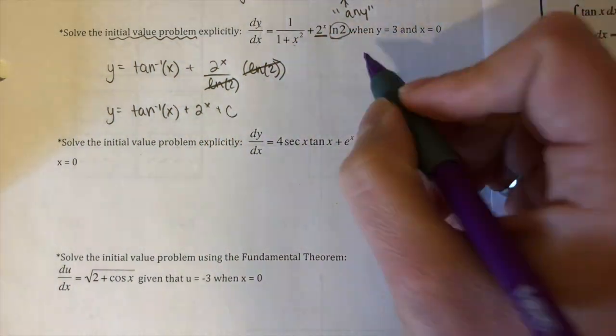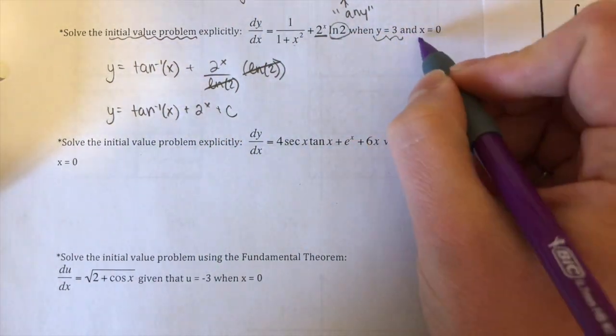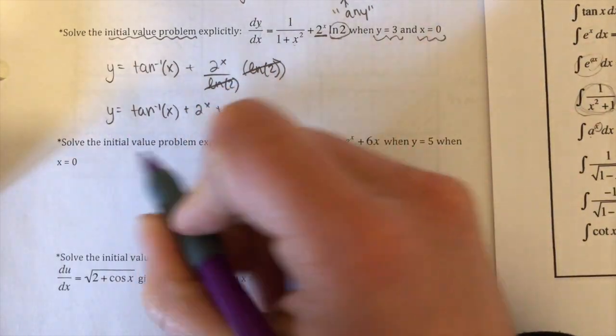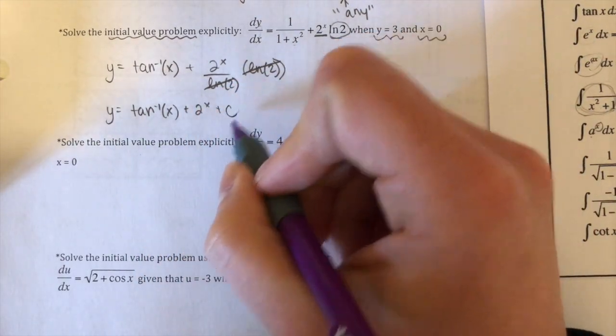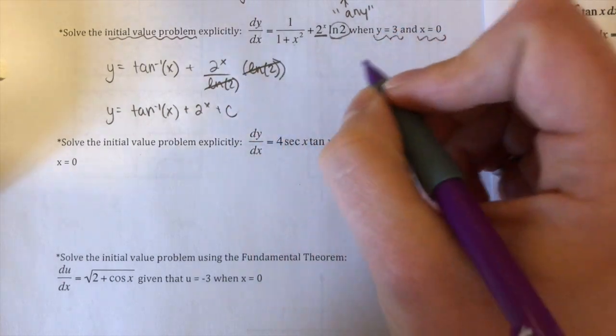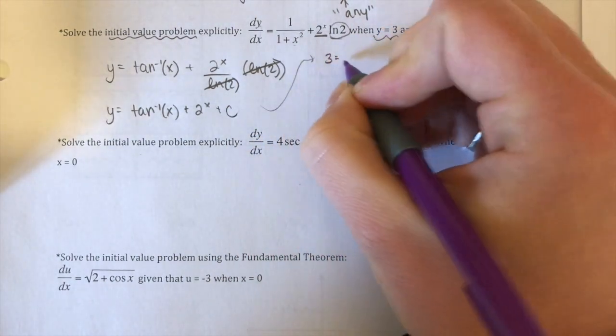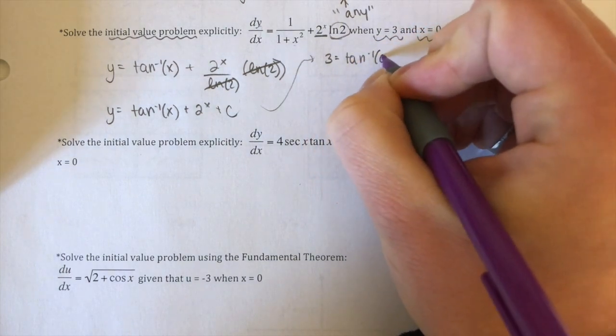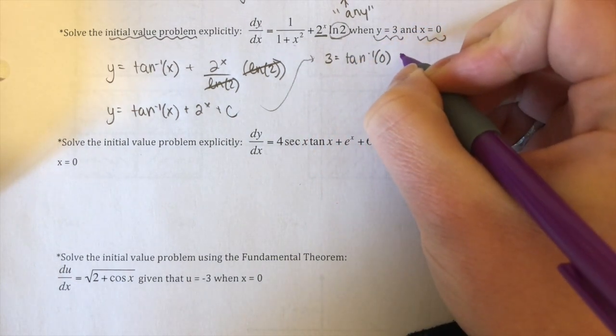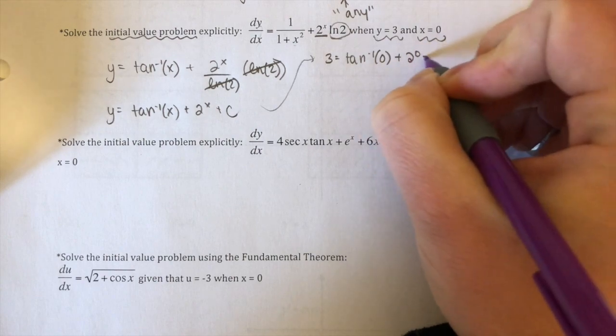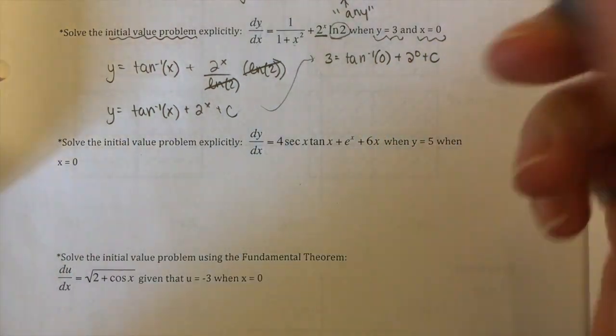Okay, then it's going to tell us that y is equal to 3 and x is equal to 0, and we're going to plug those things in to figure out what the c value is. So we're going to go y is equal to 3, tan inverse of 0, plus 2 to the 0 plus c.